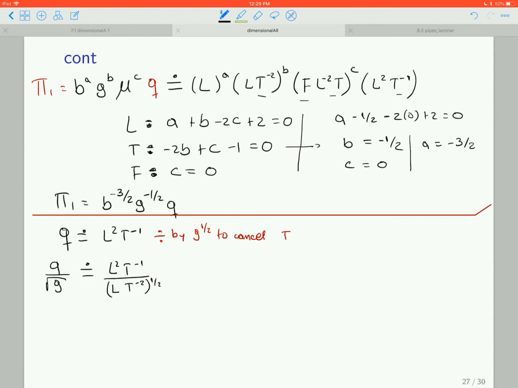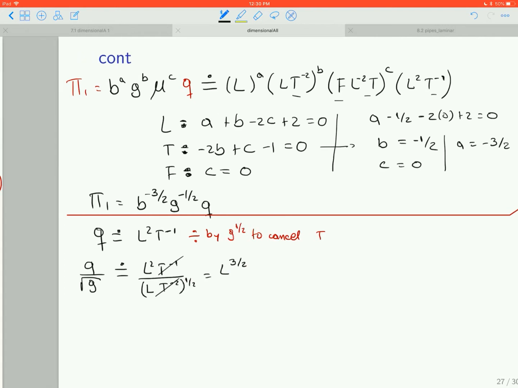The time is going to be cancelled, and so that's going to be L to the 3/2.